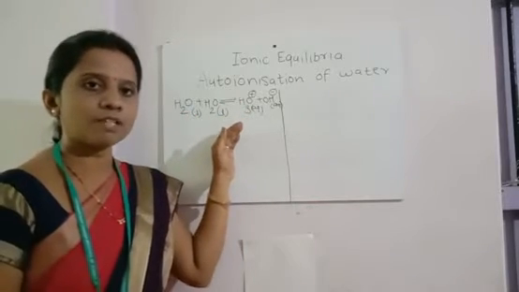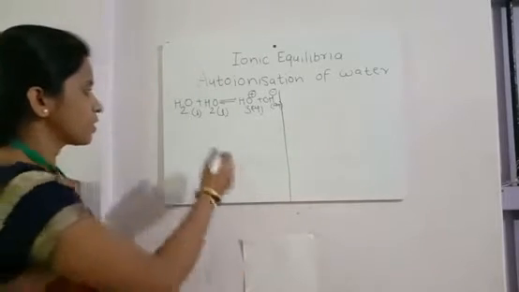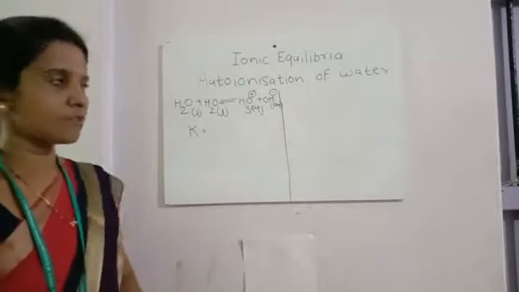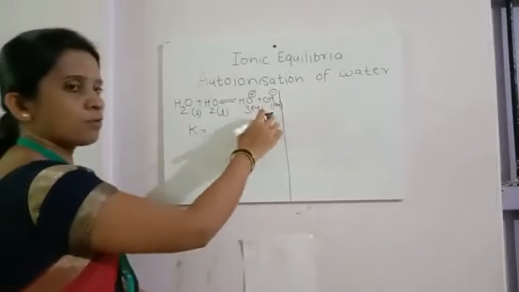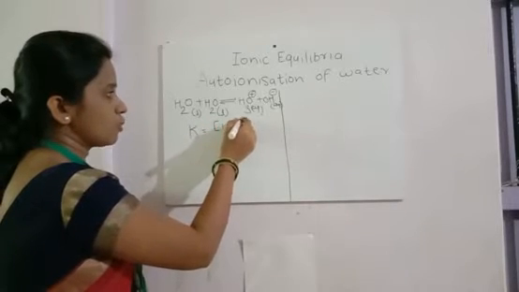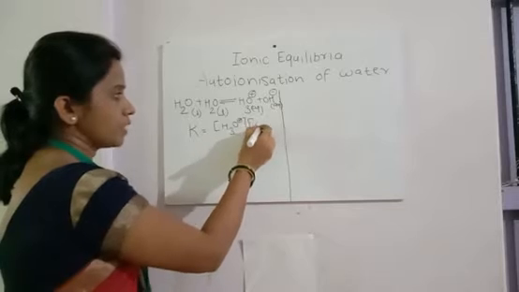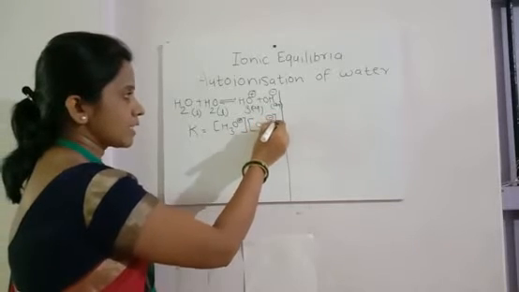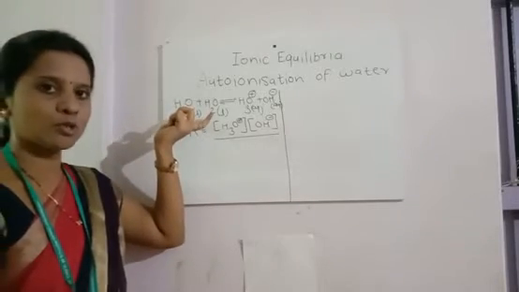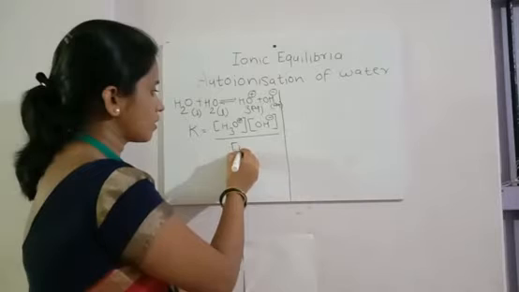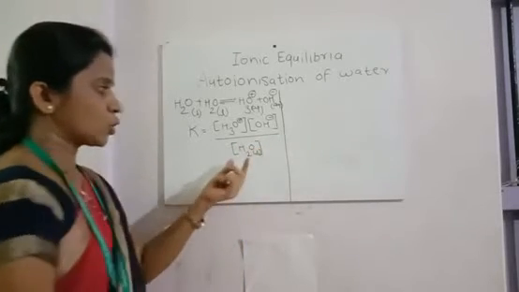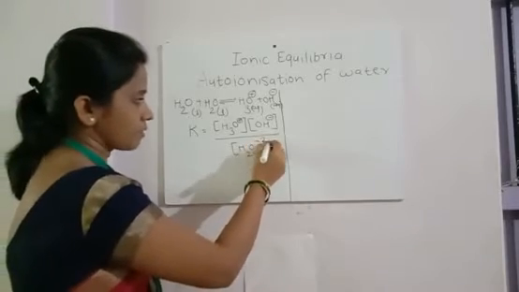So what will be the equilibrium constant for this reaction? The equilibrium constant K for this reaction will be the concentration of products, that means H3O plus concentration into OH minus ions concentration, divided by, there are 2 moles of water, so H2O liquid square.